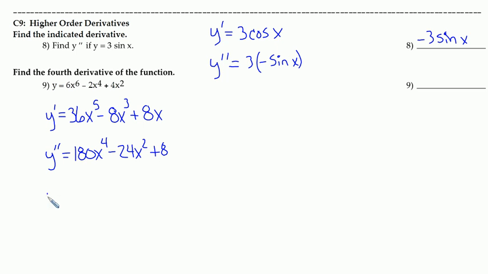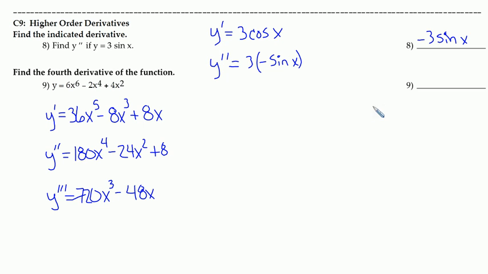Third derivative is equal to 4 times 180 is 720. That's x to the 3rd minus 2 times 24 is 48x, and the 8 zeroes out.